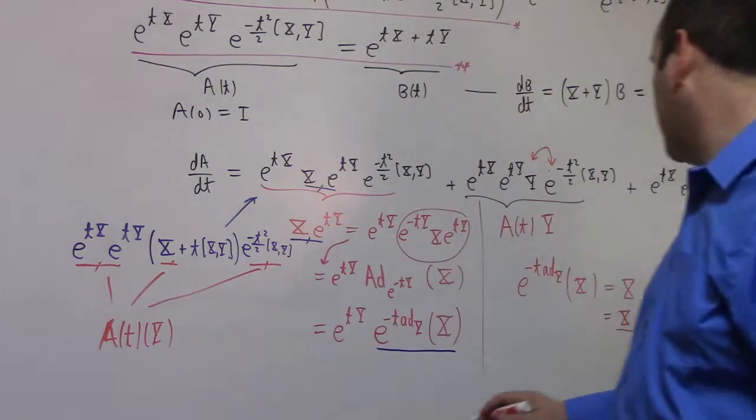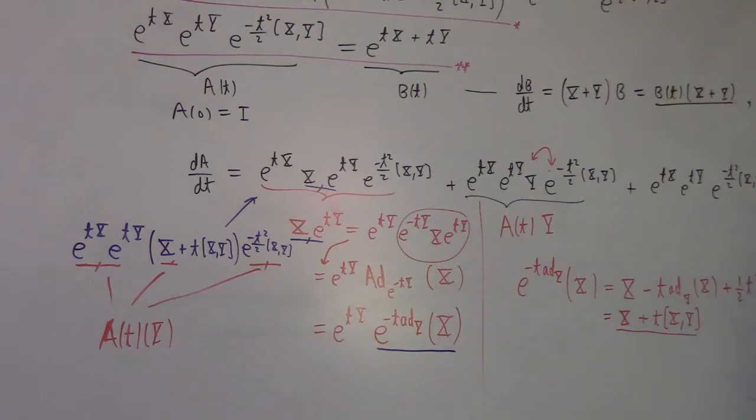So you see what we got then is the terms we want, which is A of t times x plus y. And then everything else must somehow cancel. So somehow the terms I'm about to underline in green have got to cancel.